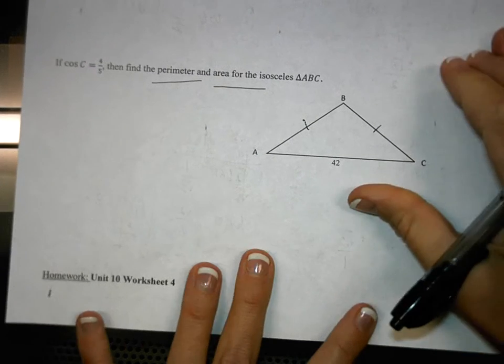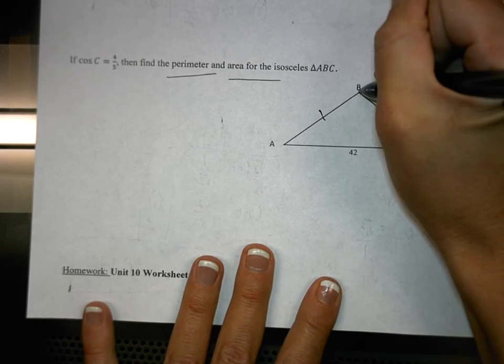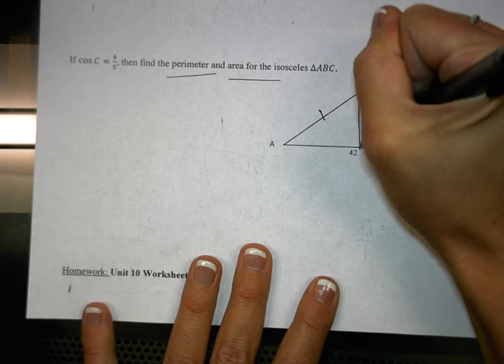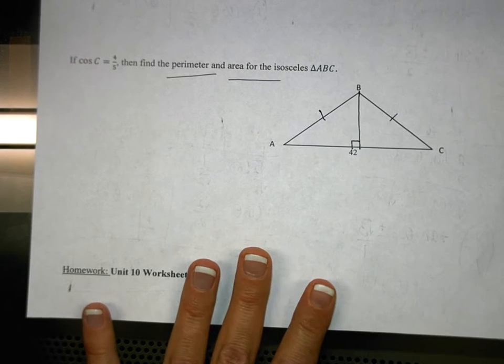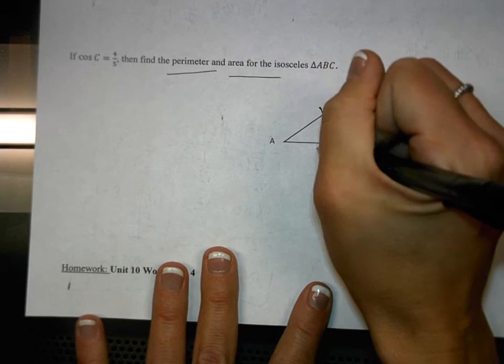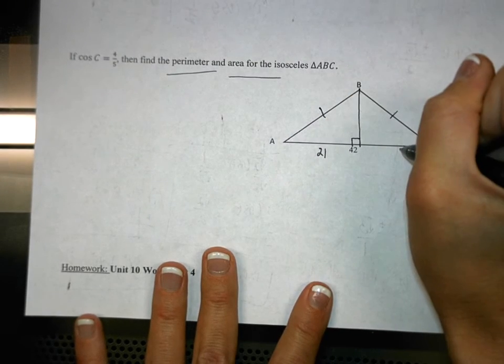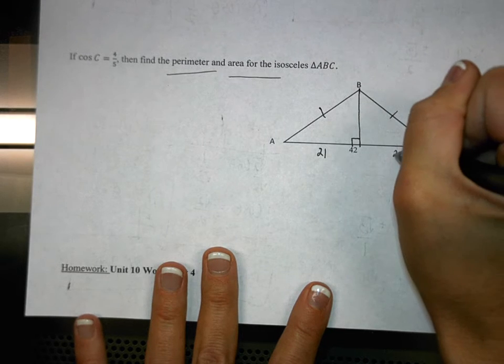Okay? And if I were to draw a perpendicular line down, this would make this a 90-degree angle, and it would cut the bottom in half, making this side 21 and this side also 21. Okay.